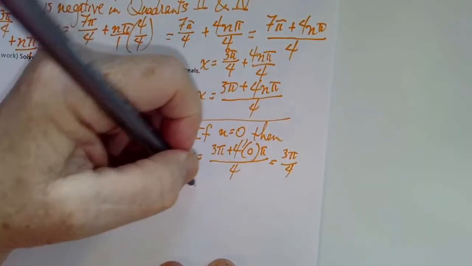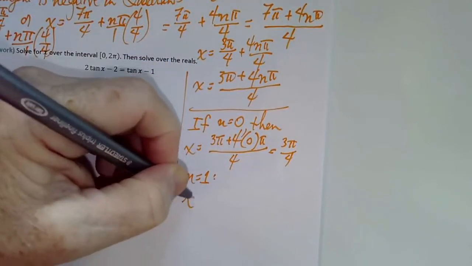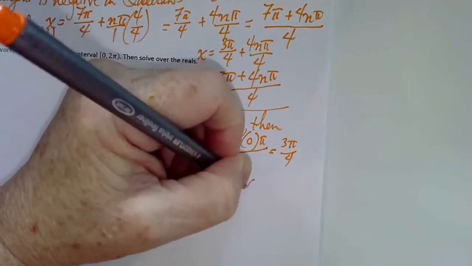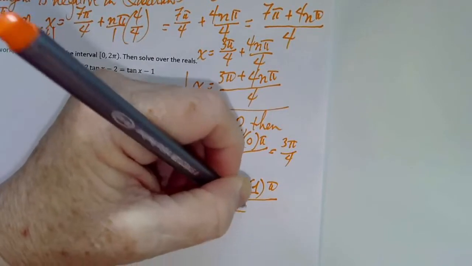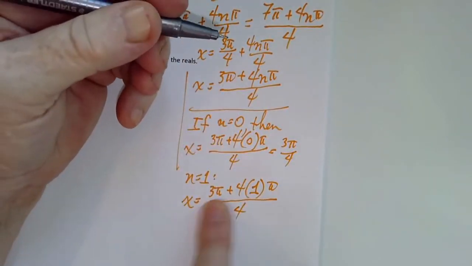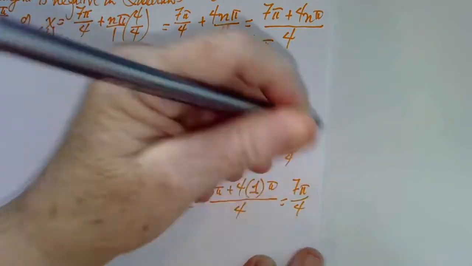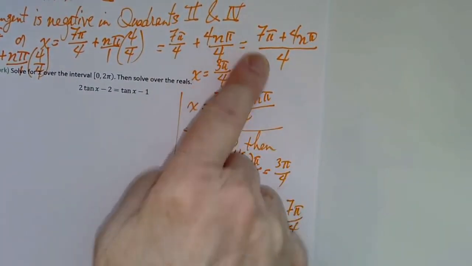If n is 1, then we have x equal to 3 pi plus 4 times 1 times pi all over 4. And let's see, 3 pi plus 4 pi is 7 pi over 4. But check this out. That was our other specific value.